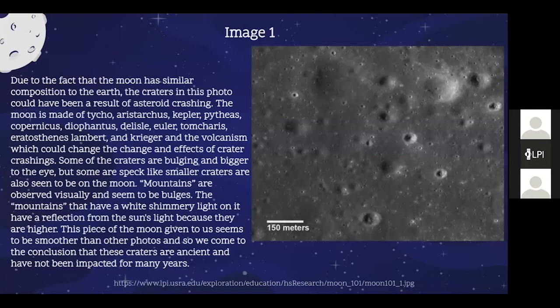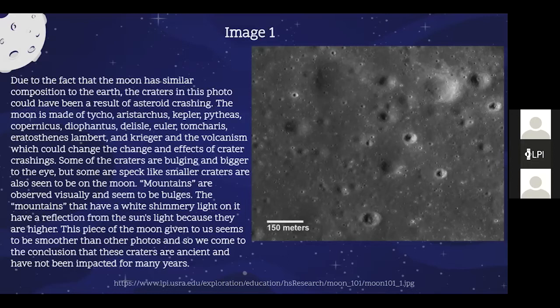There seem to be bulges, which could be mountains, and they usually have a shadow and a light side. That's the second one to the left in the upper right. It has a white shine on it, so it could be a reflection from the sun, and it does have a bit of a shadow, so it could be a small mountain.